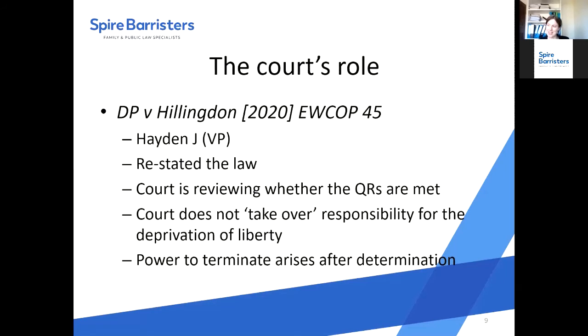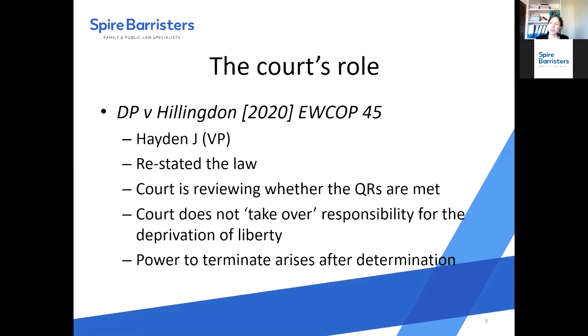What, as I say, I think is slightly greyer is what that means for extending standard authorisations, because as we saw in the statute, and as we heard from Mr Justice Hayden, the power under section 21A to discharge or to vary arises after the court has determined the application, if you like.